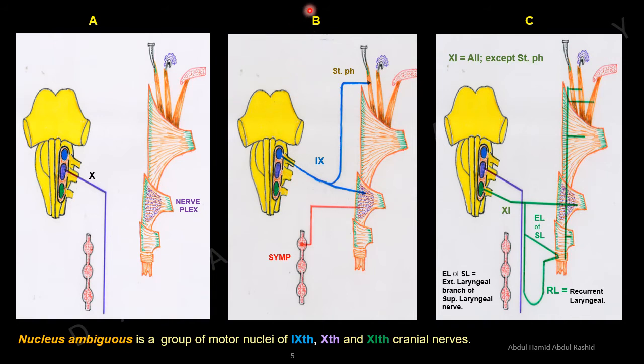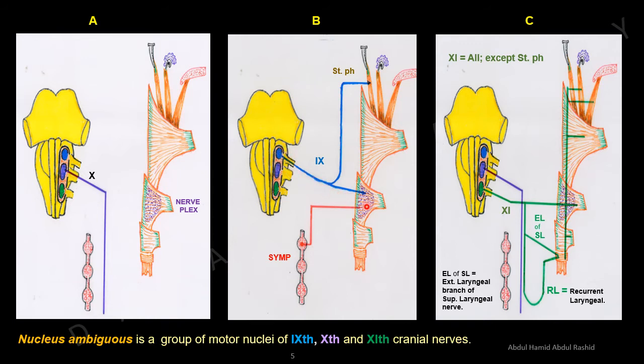Now we are going to talk about diagram B. This is sympathetic chain. You can see in all three diagrams. In diagram B, the nerve fibers coming from the glossopharyngeal nerve, that is the 9th cranial nerve, come out.